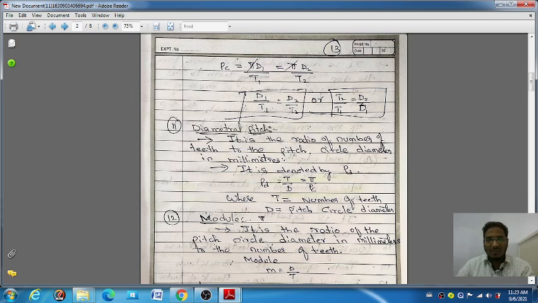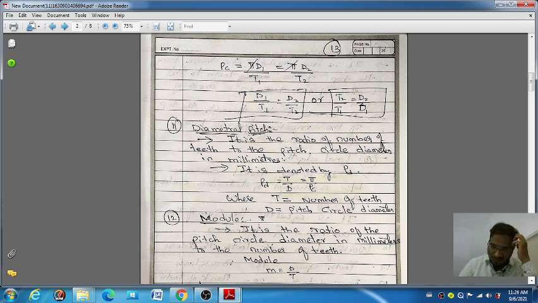Diametral pitch means the ratio of the number of teeth on the gear to the pitch circle diameter in millimeter. The ratio of the number of teeth to the pitch circle diameter in millimeter is called diametral pitch.